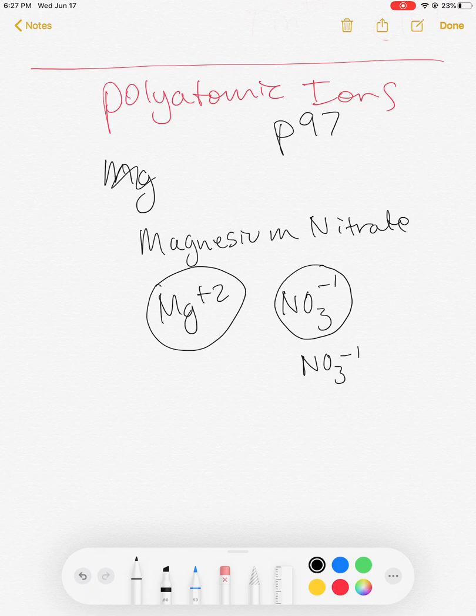So you're going to need 2 nitrates to balance out the +2 there. So for magnesium nitrate, the 3 belongs to the oxygen, don't forget that. And so we need 2 of them. But we don't want it to look like a 32, so we need parentheses around it: Mg(NO3)2. That's it. Not too bad.